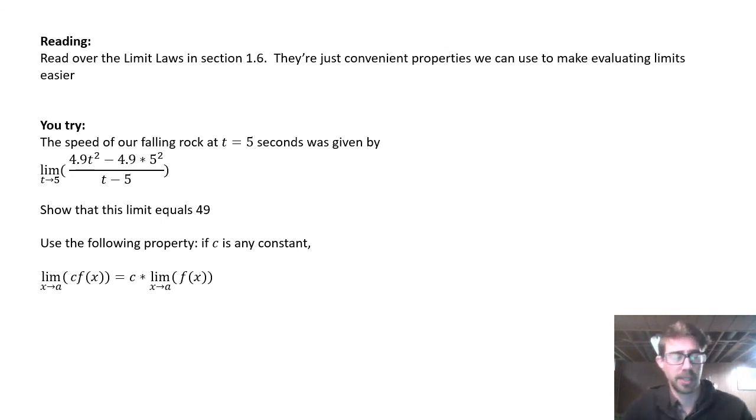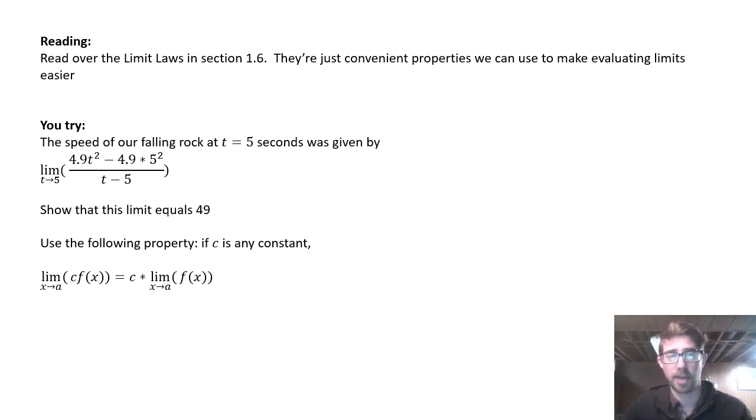And the actual instantaneous speed at 5 seconds is given by this limit. Right? We can't plug 5 in right now. And I want you to show that this limit equals 49. So the exact speed of the rock at 5 seconds after we drop it is exactly 49 meters per second.